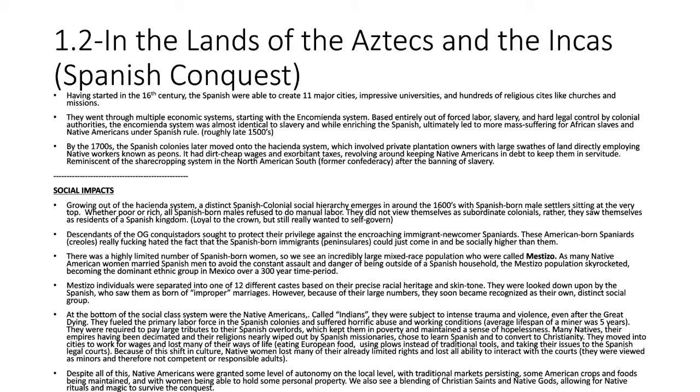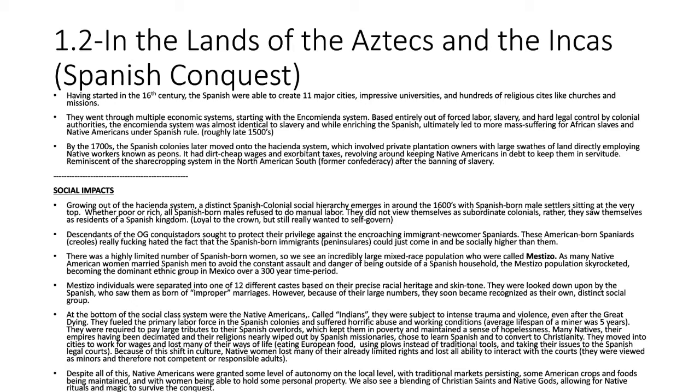They are called the Creoles, not the people that they're under, but the American-born Spaniards. And they really, really did not like the Spanish-born immigrants, the Peninsulares, who basically just came in and were like, yeah, we're better than you. And they got to be better than them. They really did not like that. There are going to be conflicts later on, which we don't touch on yet, which will result directly from this.